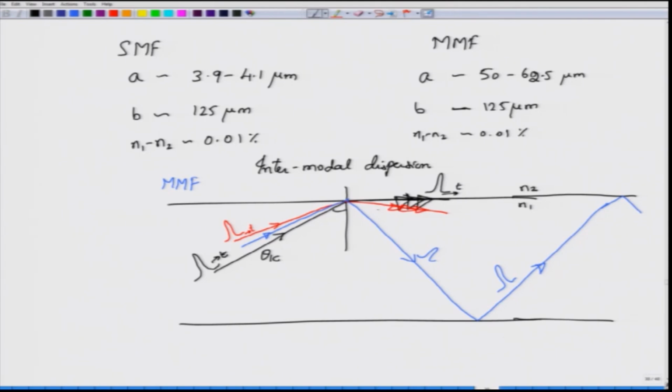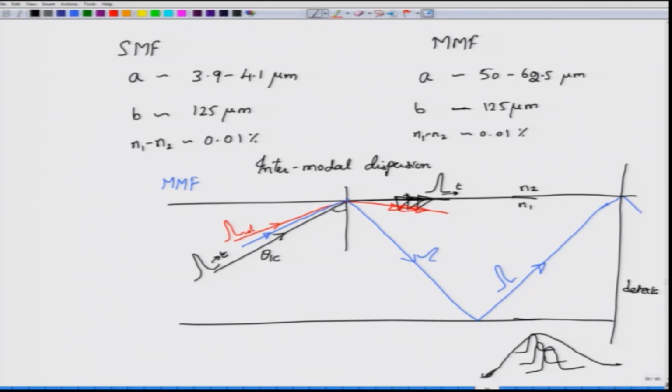Because they are traveling with different velocities, at the output you would see one pulse coming here, another pulse coming after some time, another pulse after some time, and when you place a detector at the output of the fiber, what you get is essentially one big, broadened pulse, which would then limit how quickly you can transmit these pulses again.